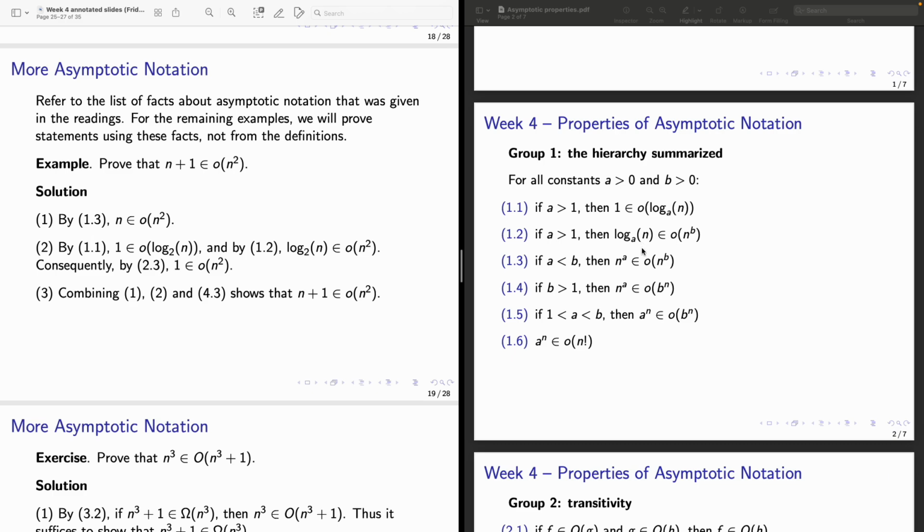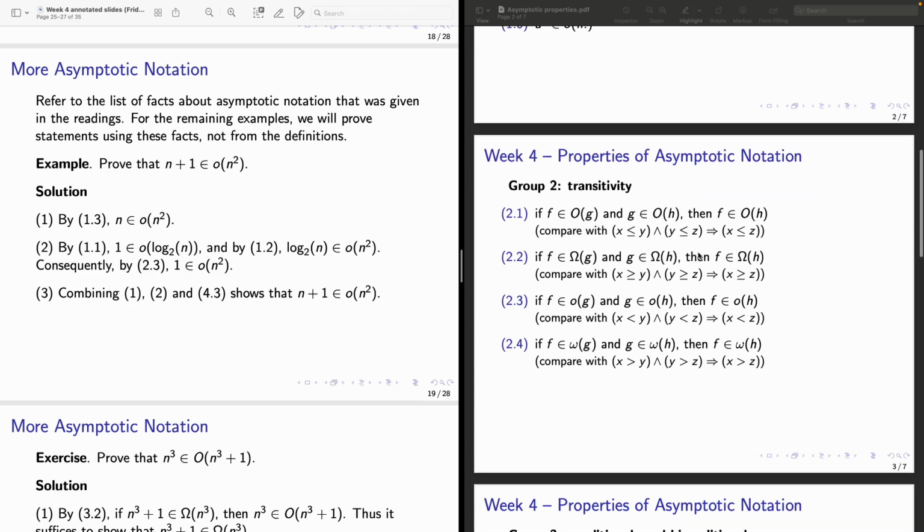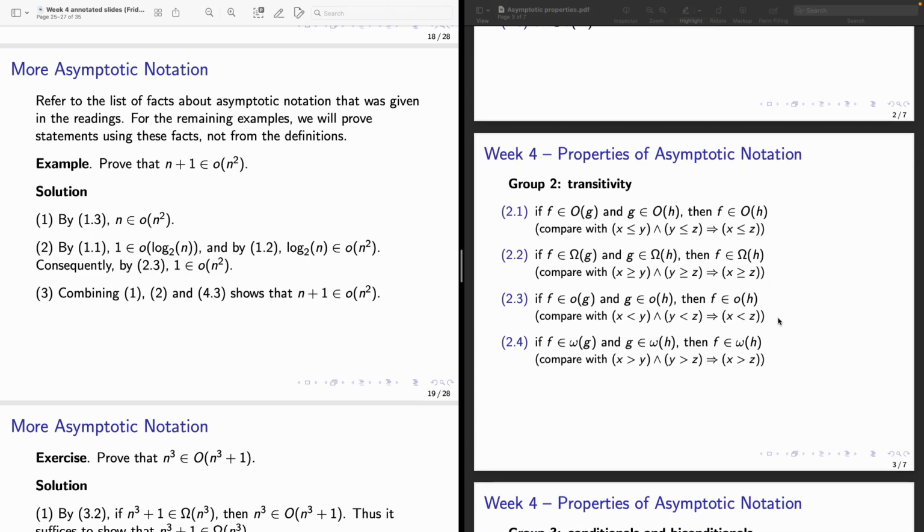Any logarithmic function, regardless of the base, is in little o of any polynomial. And then by transitivity, we know that 1 is in little o of log 2 of n, and log 2 of n is in little o of n squared. And because of that, we're able to say that as a result, 1 is in little o of n squared.